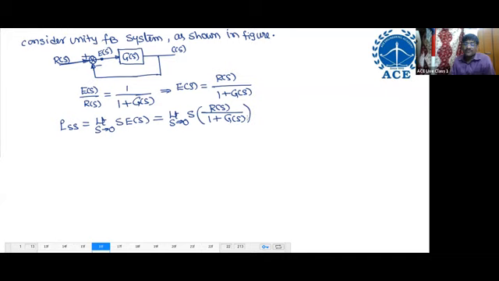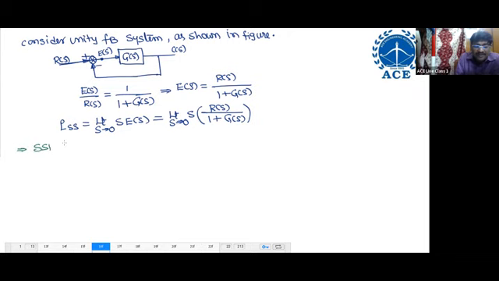So steady state error depends on what? One is R of s, the second is G of s. H of s should be 1, so steady state errors are valid only for unity feedback systems.